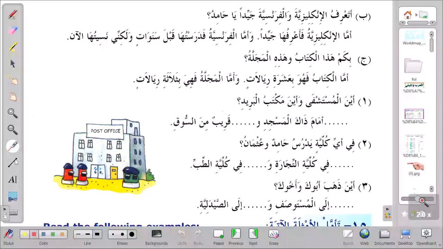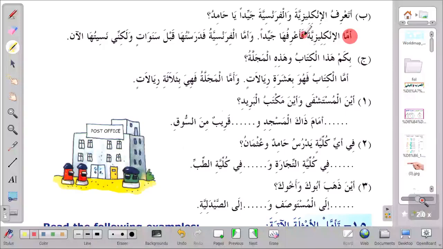Look at something that you have to observe. Where is the amma? It is here. When amma comes, it mostly goes with fa.